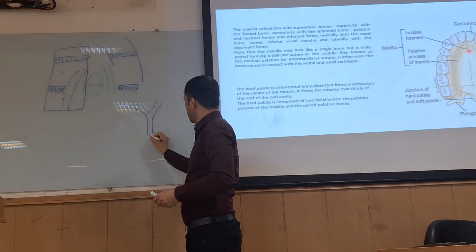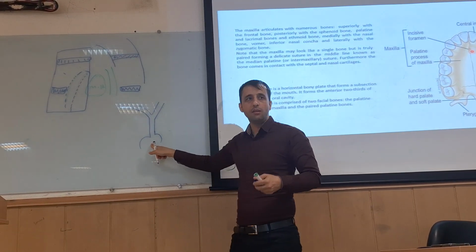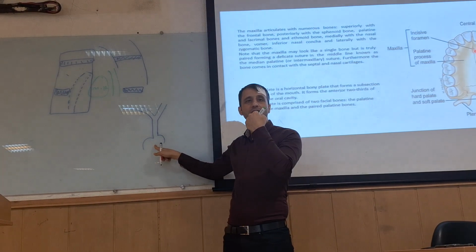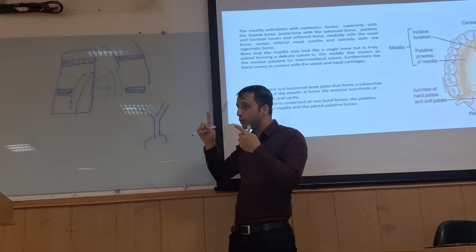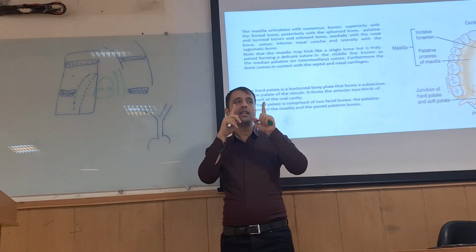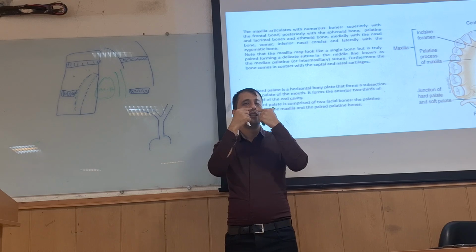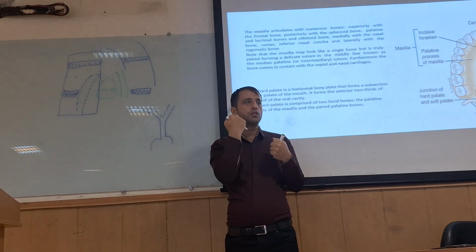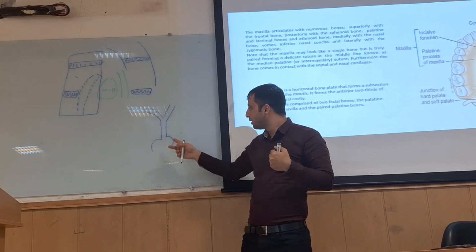At this area, you can see the incisive fossa, just posterior to the incisive teeth. The incisive fossa travels superiorly and makes 2 branches, which arrive at the floor of the nasal cavity in the anterior side. Okay?